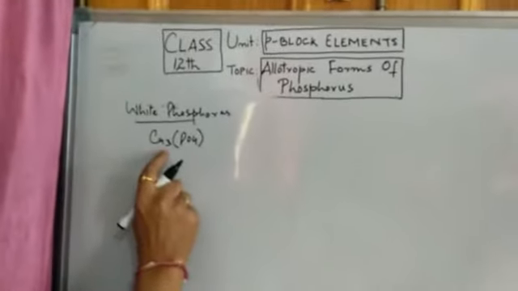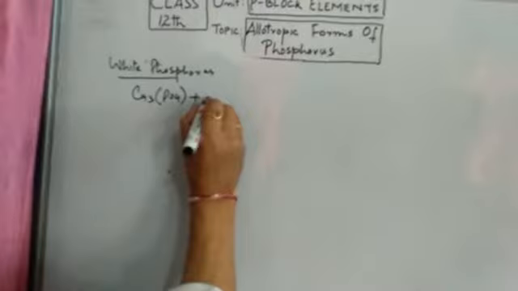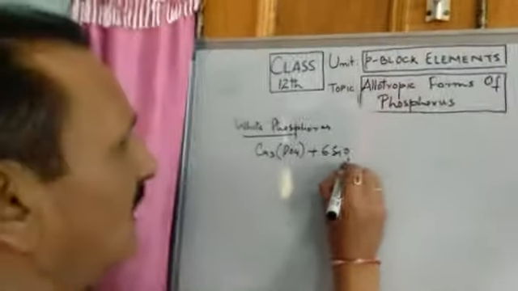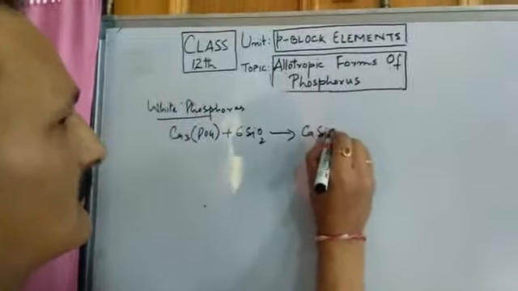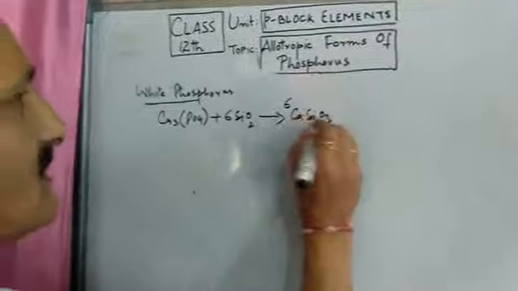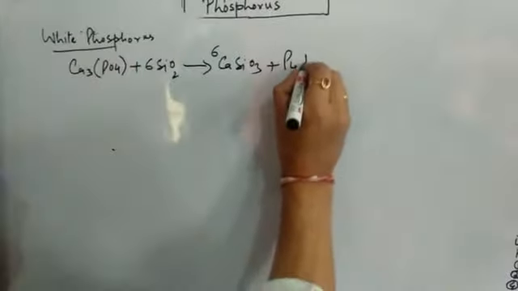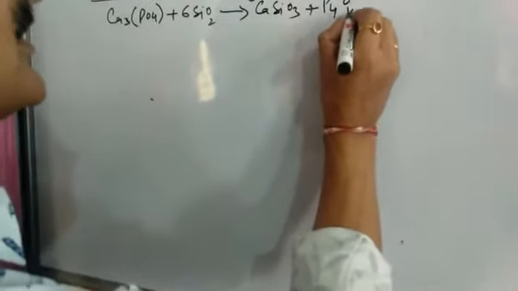This is a mineral of calcium having phosphorus. We react it with sand, that is silicon dioxide, and as a result we get 6 times calcium silicate plus phosphorus pentoxide.